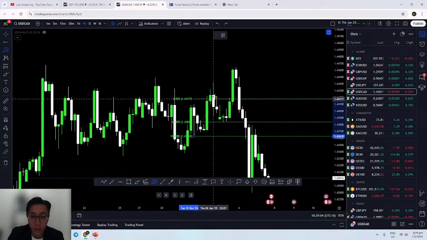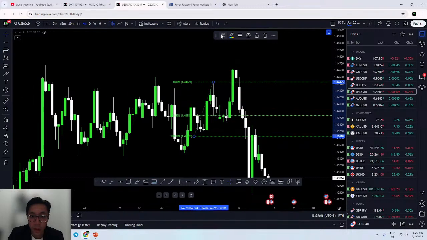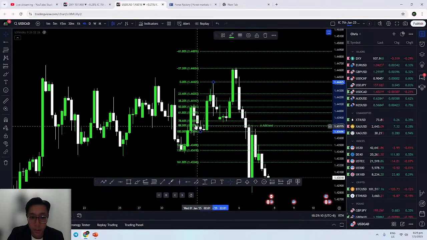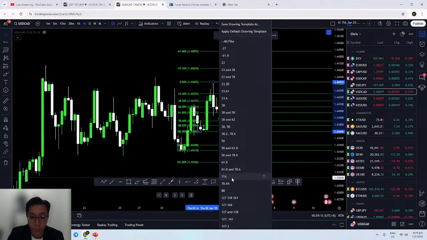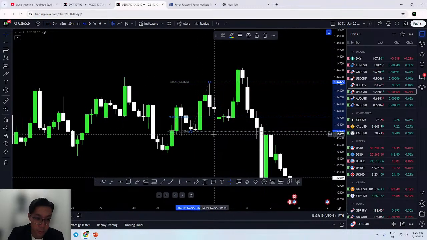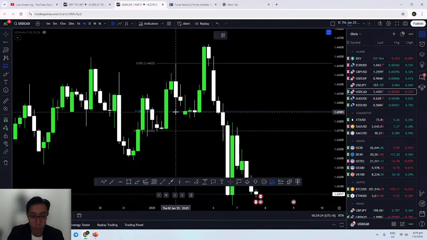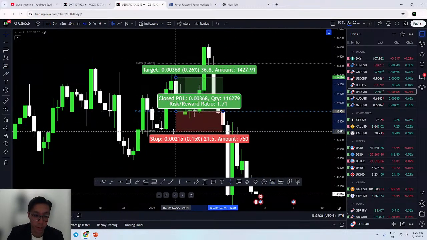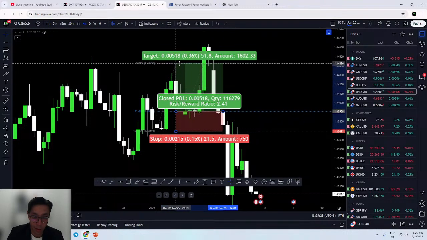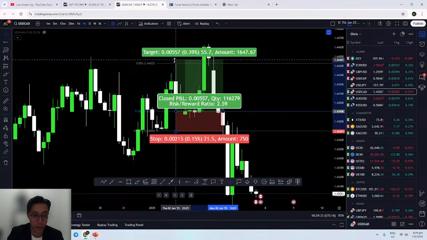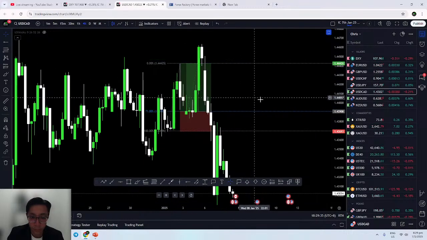I took this low to this high, put on the fibs. I like to use 71%, so I just entered on the 71%. I think this is one of my favorite pairs now. It's decent, so I just targeted here. 1:2.4. I didn't target this high, I targeted this high.